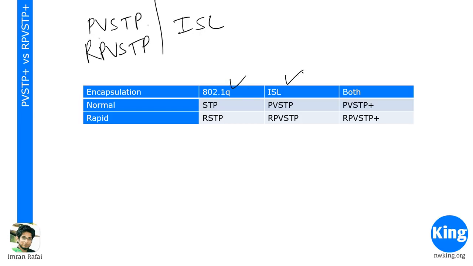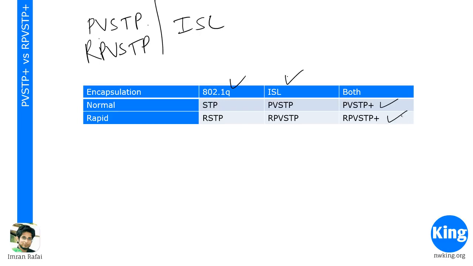Cisco said fine, ISL was having its limitations, so maybe we should go to 802.1q encapsulation. Cisco improved on their PVSTP and RPVSTP by supporting 802.1q, and that is PVSTP plus and RPVSTP plus, right?